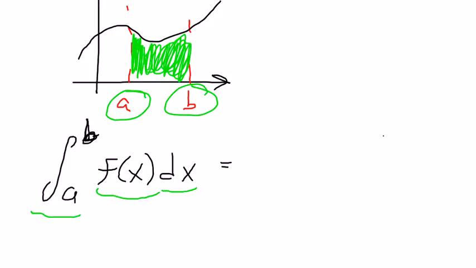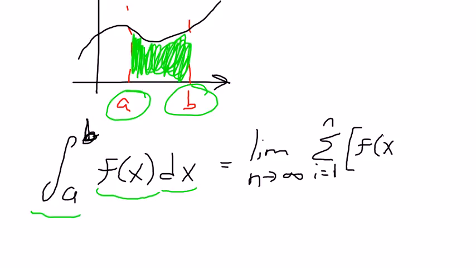And what that will bring us to is the limit as n approaches infinity of the sum from i equals 1 to n of the function, which is what we just described, and then the differential.